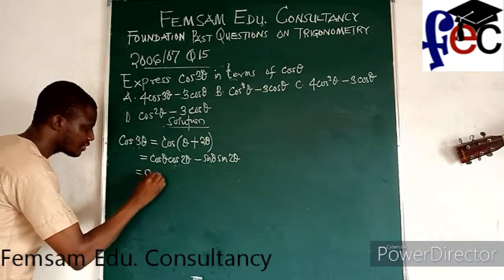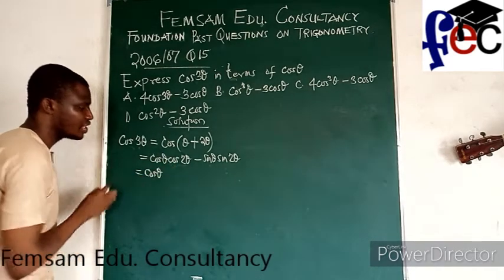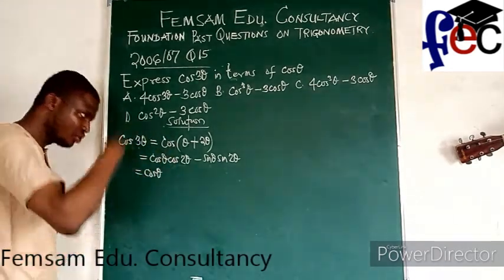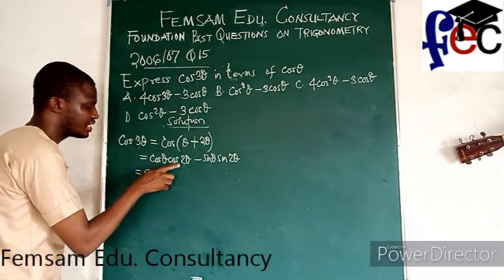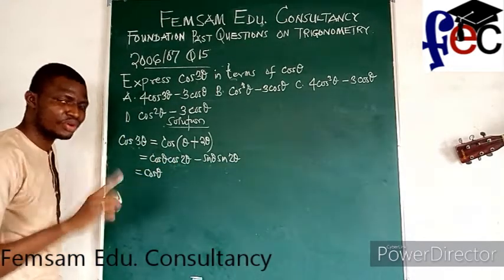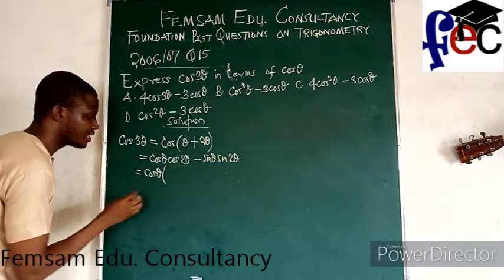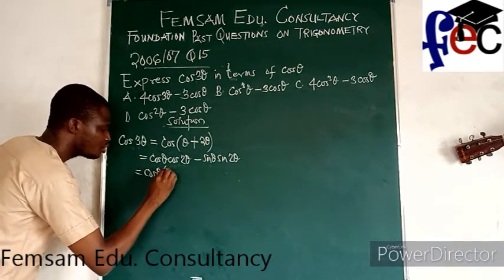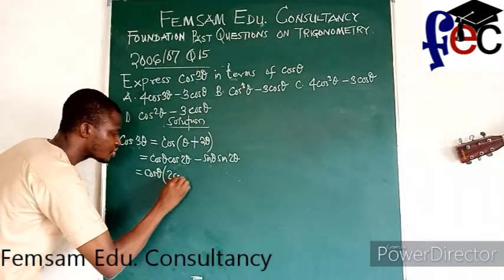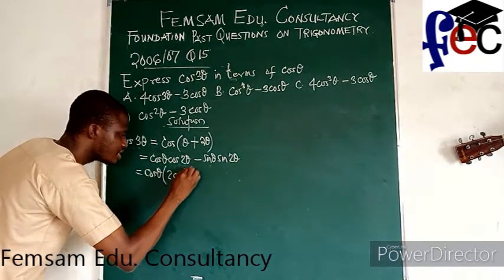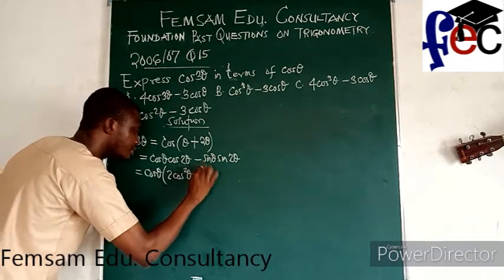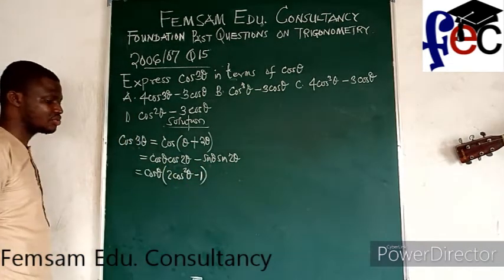Cos theta, then I know the expression for this one in terms of cos theta. I will introduce a bracket so that we won't mix them up. This will give me 2 cos square theta minus 1. That's what cos 2 theta will give me.